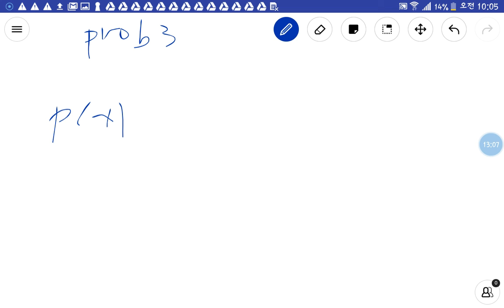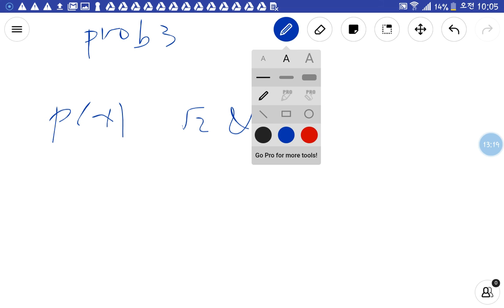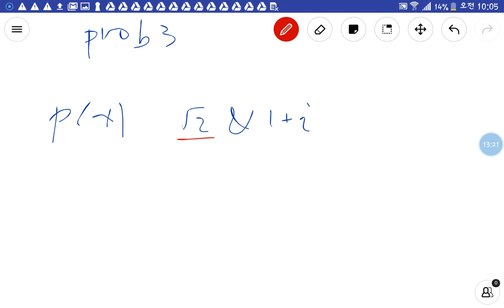So if radical 2 and 1 plus i are roots of p of x equals 0, what are the two other roots? Okay, so I have radical 2. The conjugate of radical 2 would be what? Negative radical 2. And then find the conjugate of 1 plus i, which is 1 minus i.